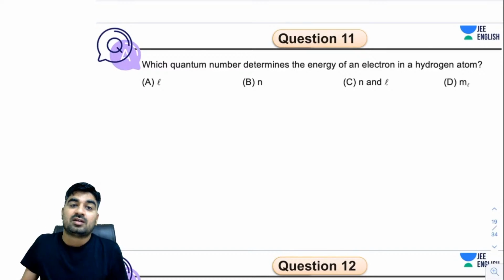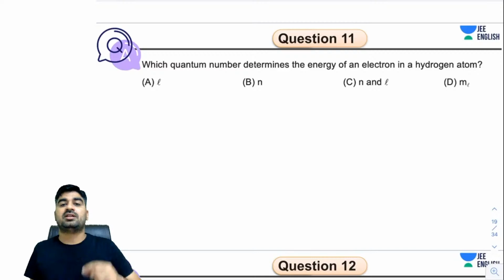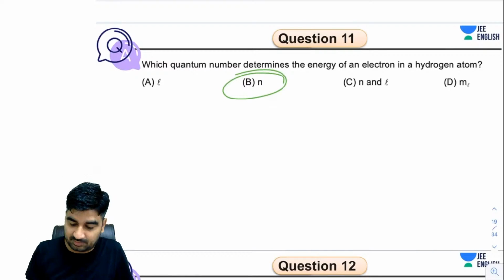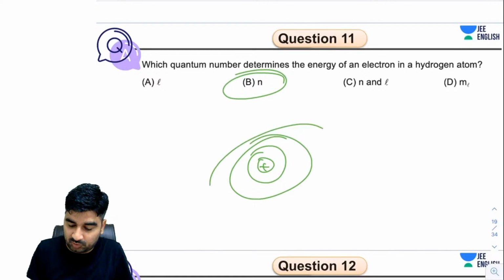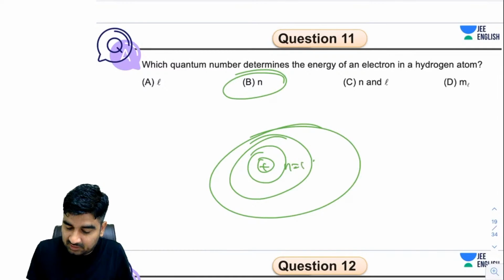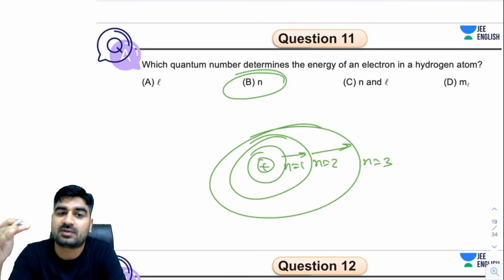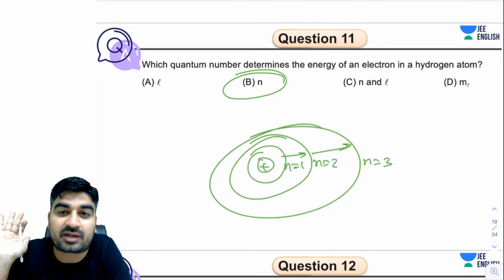Yes. Which quantum number determines the energy of an electron in a hydrogen atom? I told you it was the principal quantum number. Just remember, I told you this is the first shell, this is the second shell, this is the third shell. As the value of the shell number increases, energy also increases.